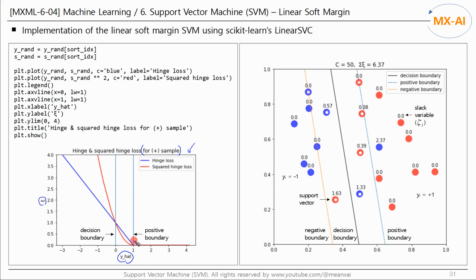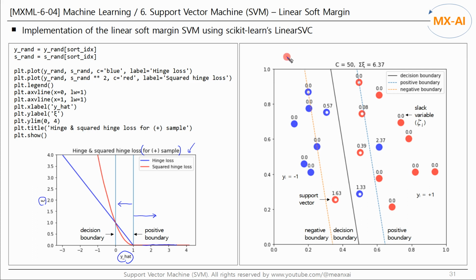For correctly classified positive samples, the error zeta is 0, no matter how far to the right from the positive boundary they are. However, as they move further to the left, zeta increases. Hinge losses grow linearly, and squared hinge losses grow as a square like this.